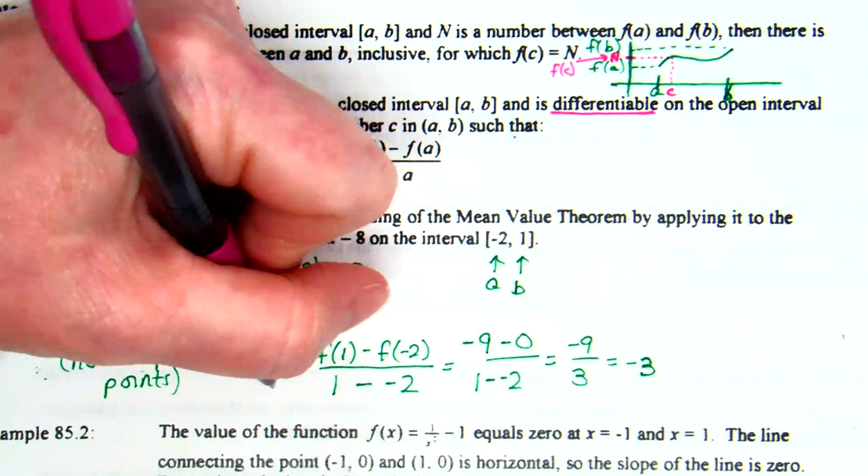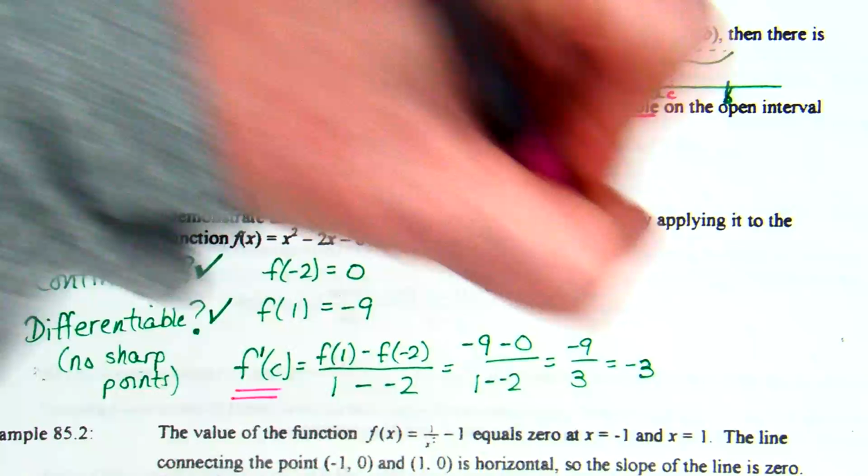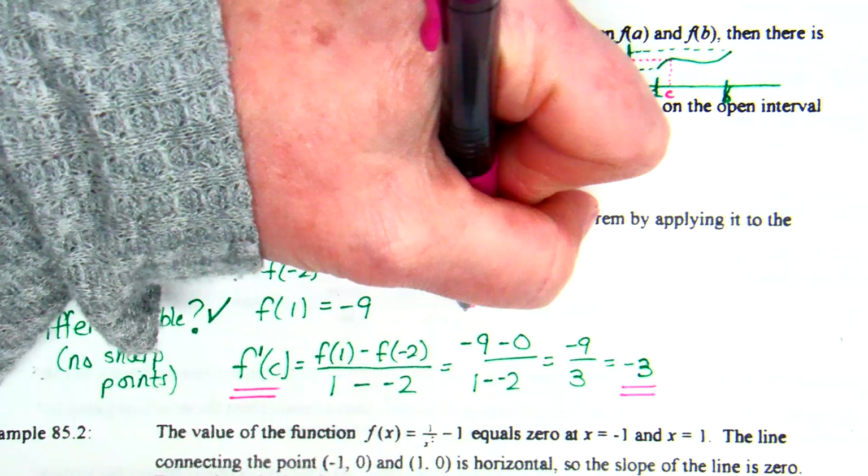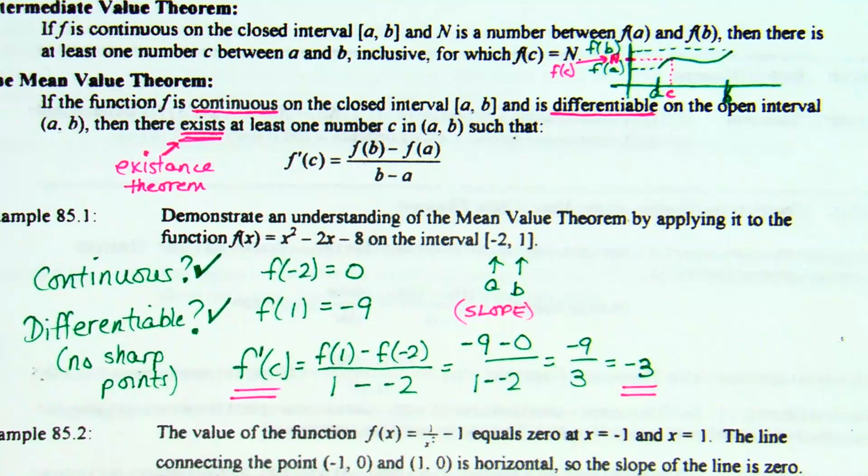We just found that f prime of C equals -3. Which, keep in mind, we basically did y minus y over x minus x, which means we basically did a slope. I mean, it's not technically slope here, but on the flip side, it is.